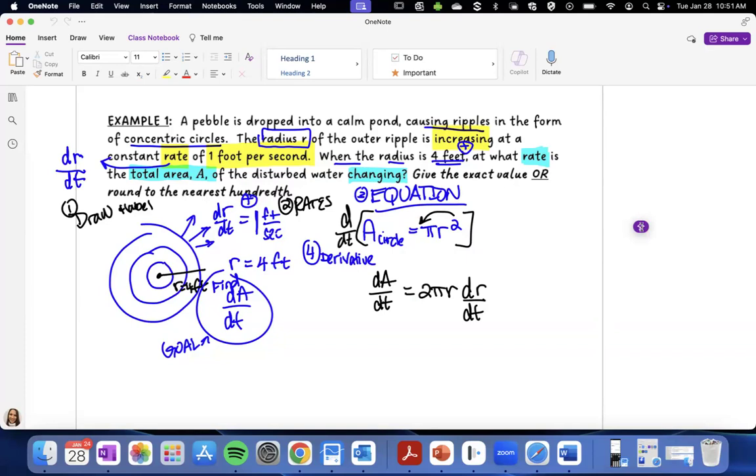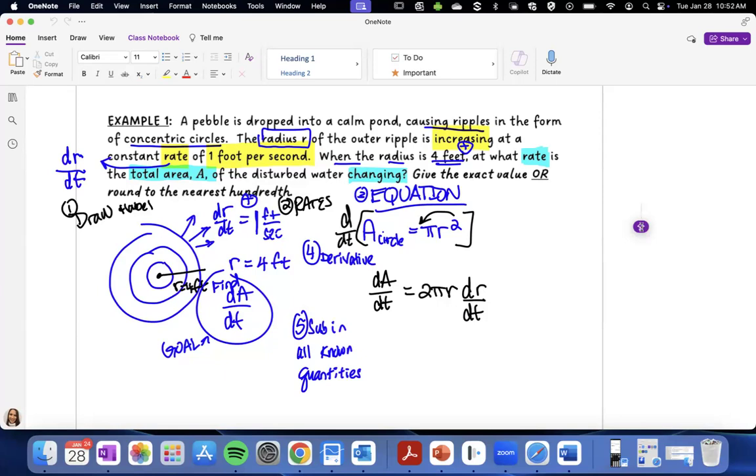Now, the next part of DREDS is to substitute in. We're almost there. So step 5, sub in all known quantities. And hopefully you have them all. This is more of a basic example, so they're all going to be there. And by basic, I mean, it's still hard.